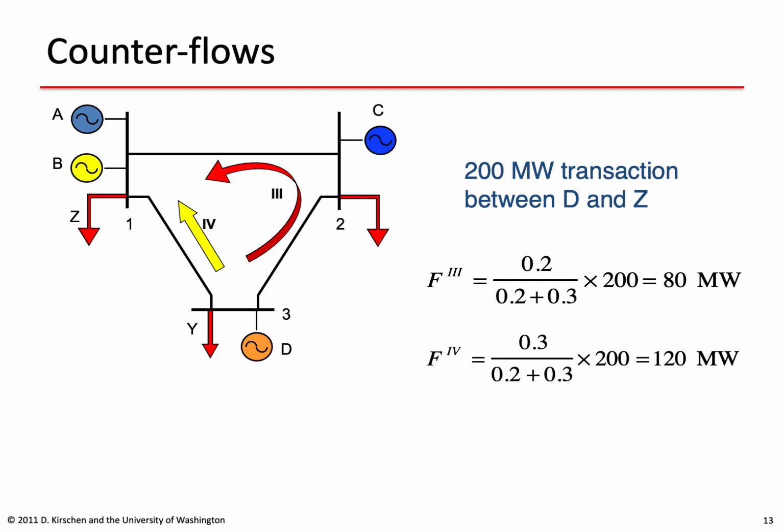However, let's suppose that at the same time a 200 megawatt transaction has been agreed between generator D, which is located at bus 3, and load Z, which is located at bus 1. Using the same method, we can calculate how this flow divides itself between path 3 and path 4. So we get 80 megawatts along path 3 and 120 megawatts along path 4.